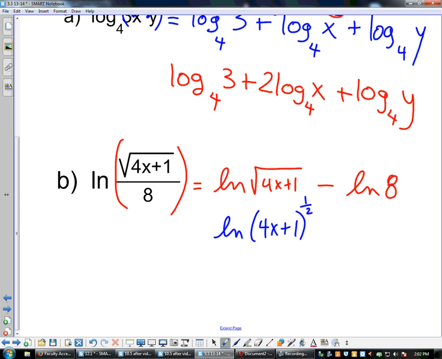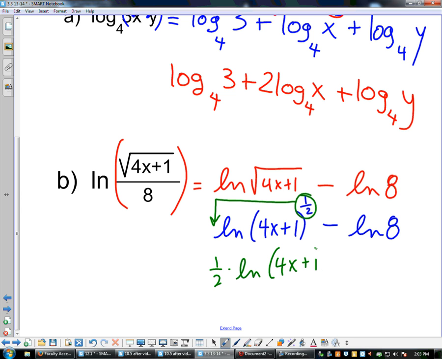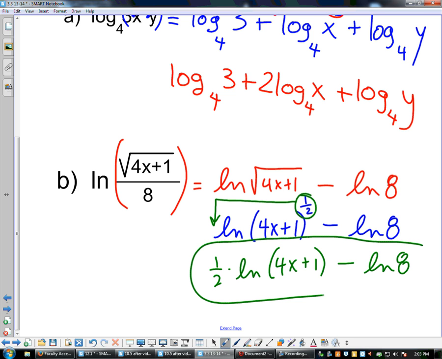In this case, it's going to be to the 1/2. Minus ln of 8 is still there. And don't forget, this 1/2 can be brought down in front. So we get 1/2 times ln of the quantity 4x plus 1 minus ln of 8. And this is our answer for expanding this logarithm. All right.